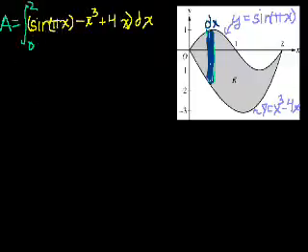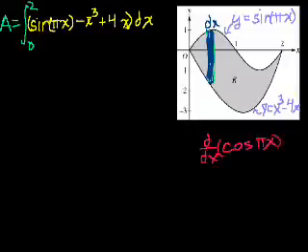What's the antiderivative of sine of pi x? Well, what function's derivative is sine of x? Cosine of x. Let's see, if I were to take the derivative of cosine pi x, this should be reasonably familiar to you. What do I get?